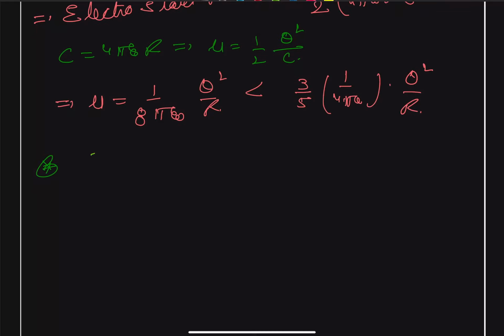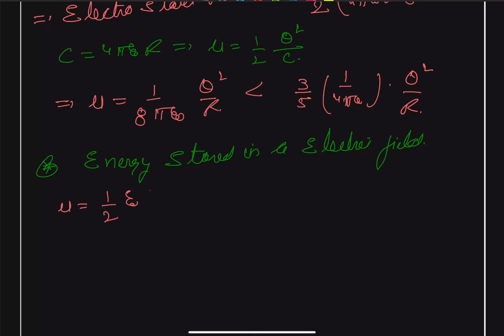So we can say that our energy stored in the electric field, that is our small u, will be equal to half epsilon naught E square, and there will be two regions for this. One will be inside a uniform charge sphere.